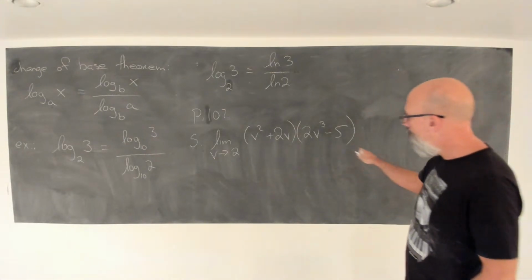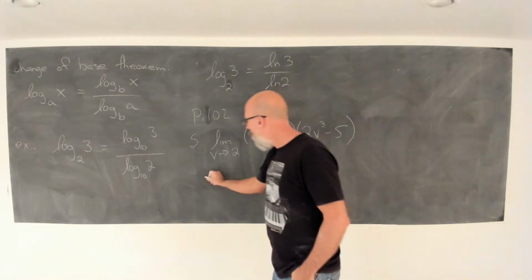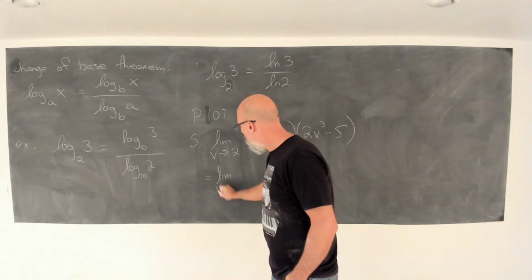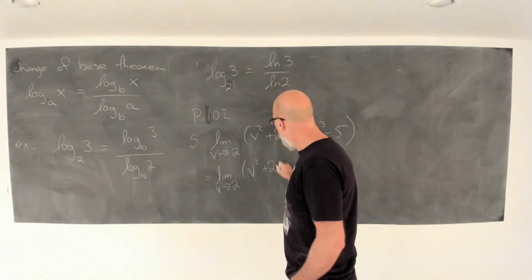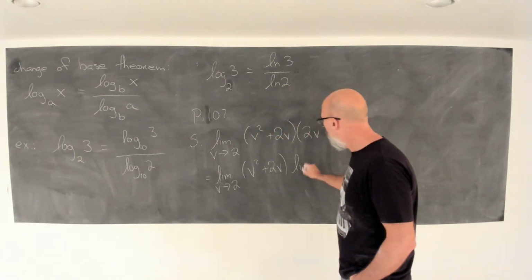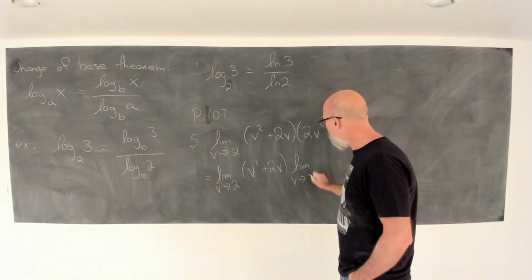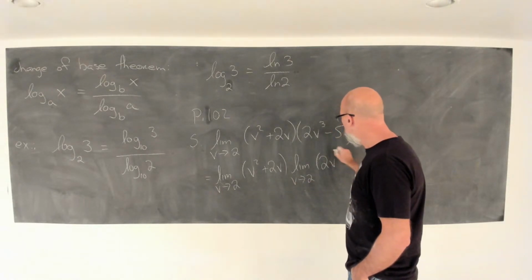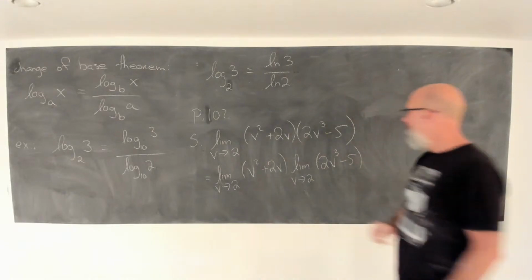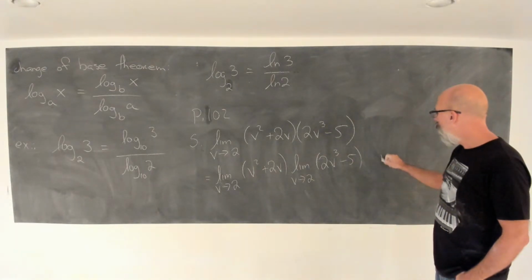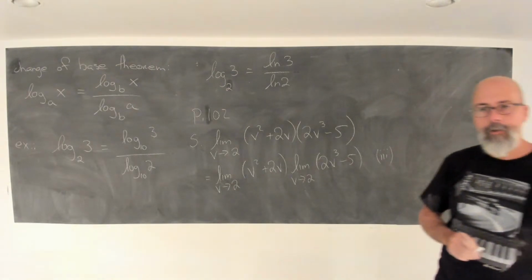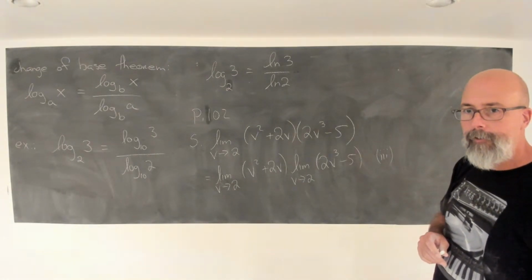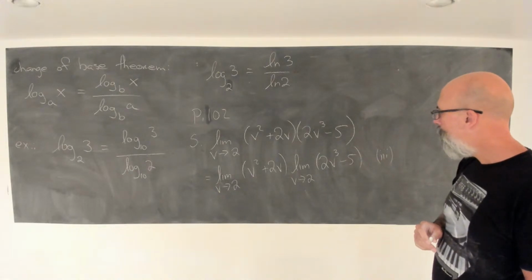Here, the limit of a product is the product of the limits, right, by property 3. I want to say it's property 3. Not 100% sure that it was, but yeah.